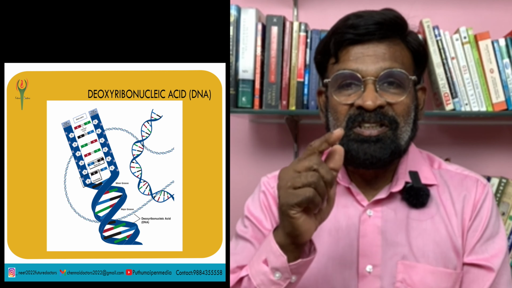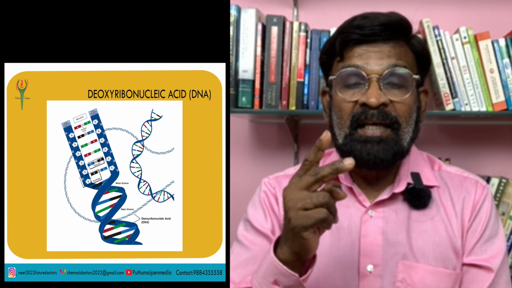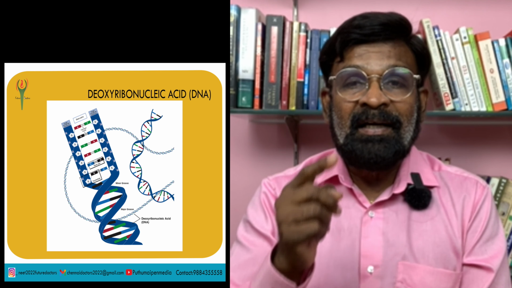DNA exists as a double helix and consists of 2 strands of nucleotides that are anti-parallel to each other. Parallel is this, but it's anti-parallel to each other. Both run in opposite directions.